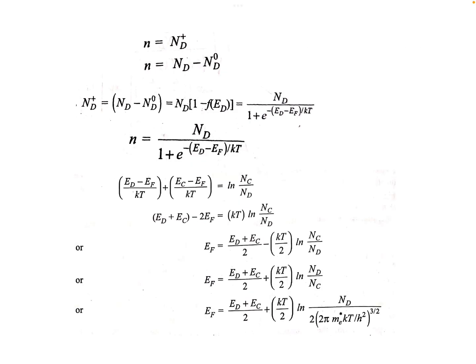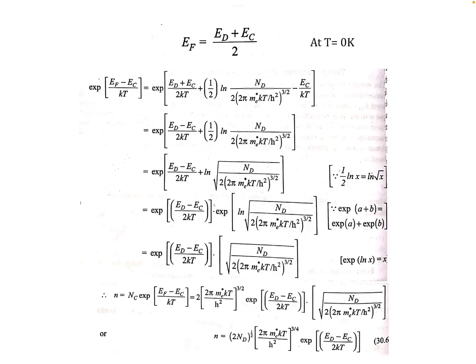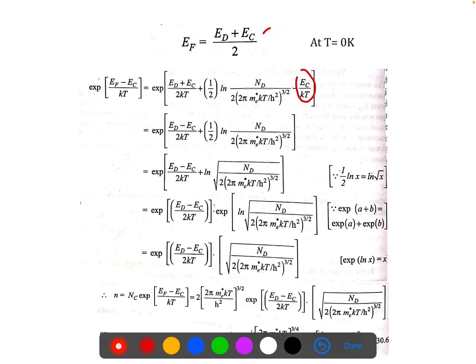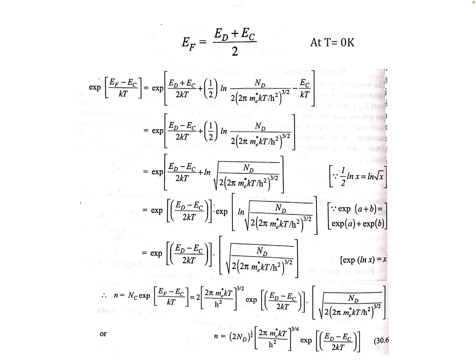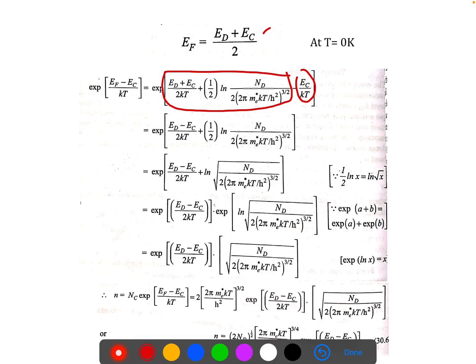So this same EF value only. Okay, so exponential EF minus EC by kT, you will get the EF value if you substitute EF by kT minus EC by kT. So EC by kT remains here, EF by kT is this much, because EF we have already found out.